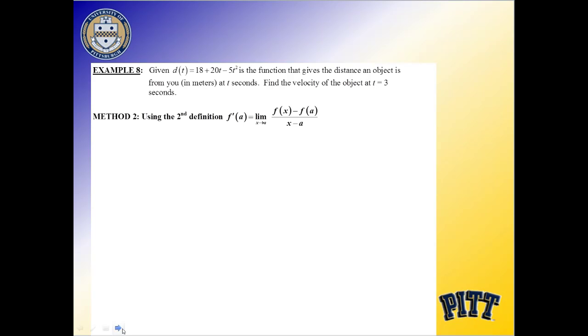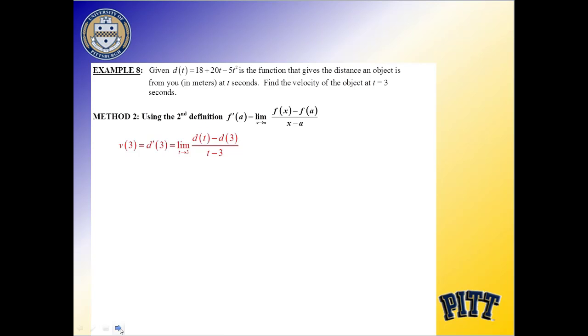Here, if I'm only looking for the velocity at 3 seconds, then I can use the second definition. So v of 3 is going to be d prime of 3, which equals the limit as t approaches 3 of d of t minus d of 3, all over t minus 3.